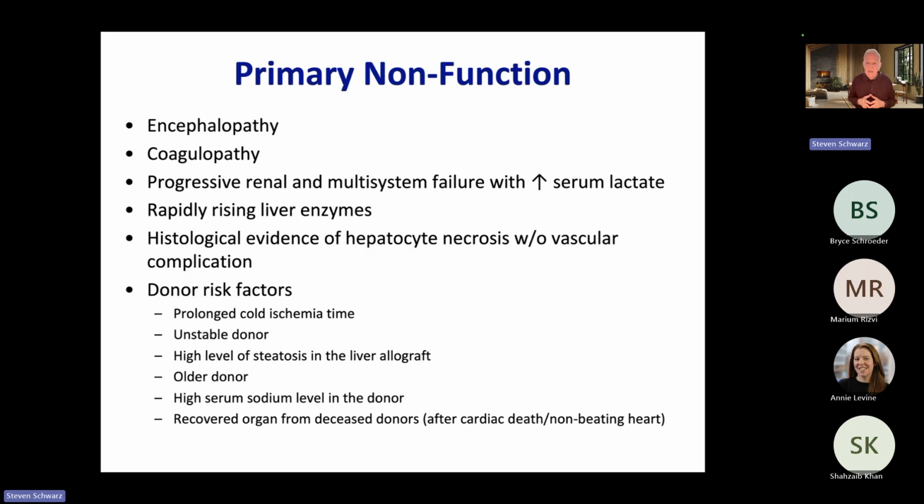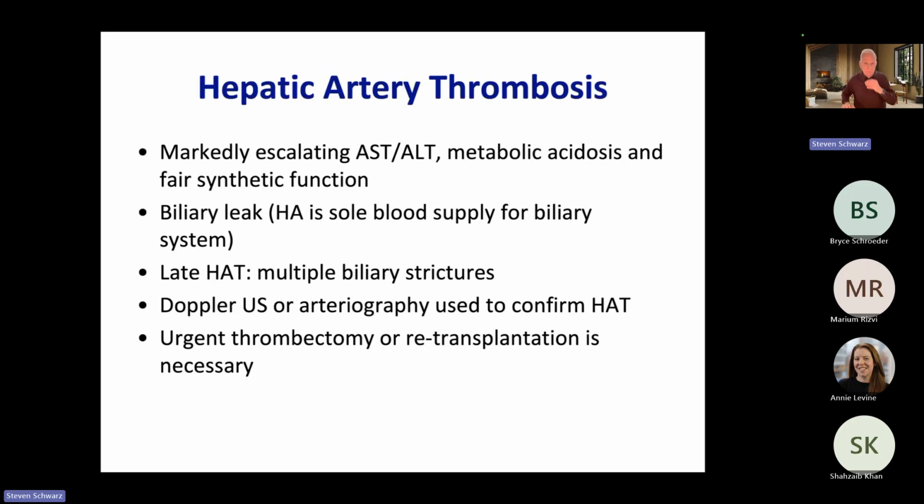And again, a recovered organ from a deceased donor after cardiac death. That would be someone where you remove the liver in a deceased donor who has a non-beating heart. So those are the donor risk factors which can predict a higher likelihood of primary non-function of the graft.